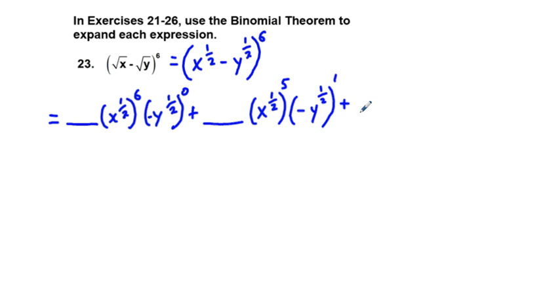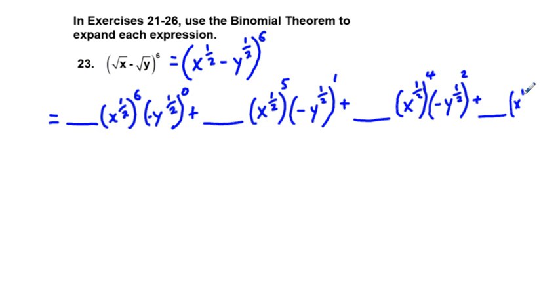Next we're going to have plus coefficient x to the 1/2 power to the power of 4, and we're going to have times negative y to the 1/2 power to the power of 2, and then we're going to have plus coefficient x to the 1/2 power raised to the power of 3, negative y to the 1/2 power raised to the power of 3.